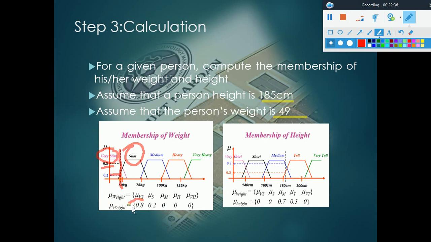So we have very slim 0.8 and slim 0.2, and the height is 185 centimeters here. So the values are 0.7 for medium and 0.3 for tall.